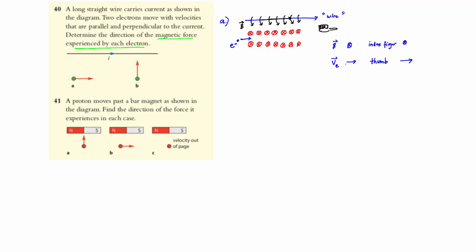And so the force vector would be going up. Or better, we can say we have the middle finger. By the way, it's the middle finger going up. So the middle finger is going to go up.